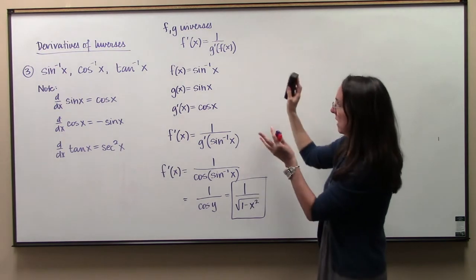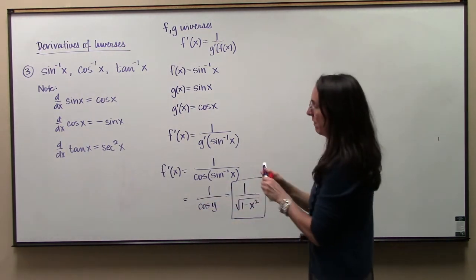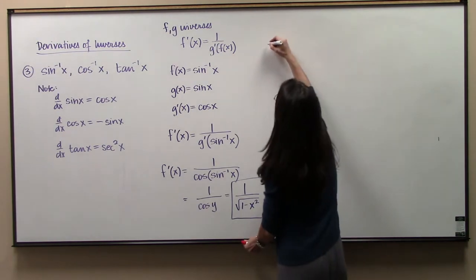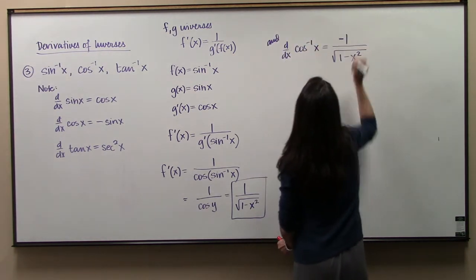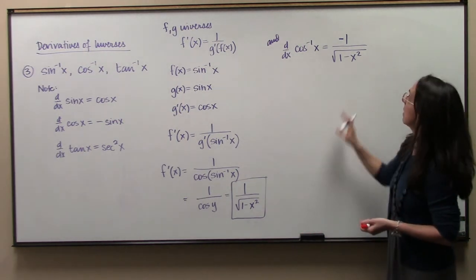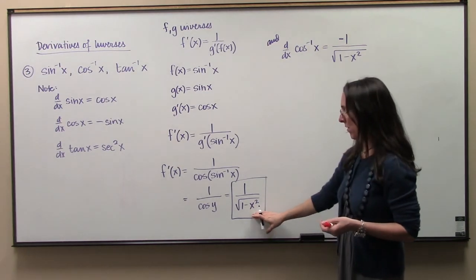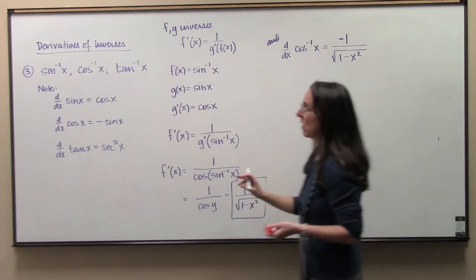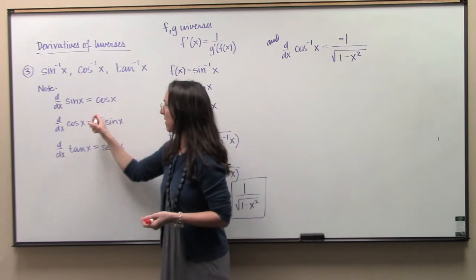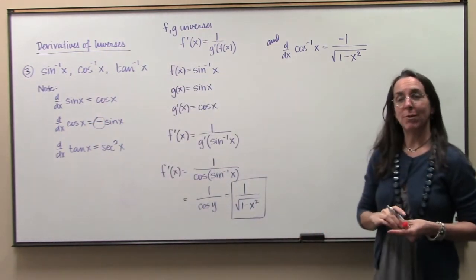You can go through the same kind of process here for the derivative of arc cosine. And it looks exactly the same as the work that we've done here. You get the negative of the result for the derivative of arc sine, which kind of makes sense because of this thing here. I'm not going to go through all of that. You can just take this and run with it.